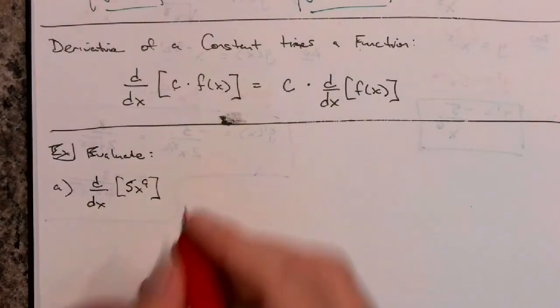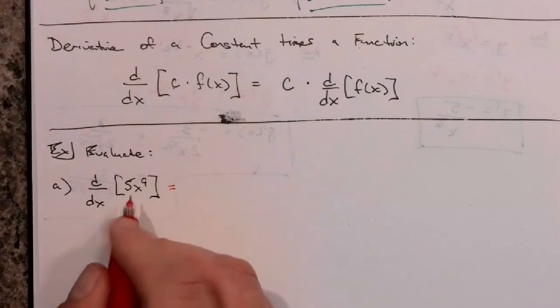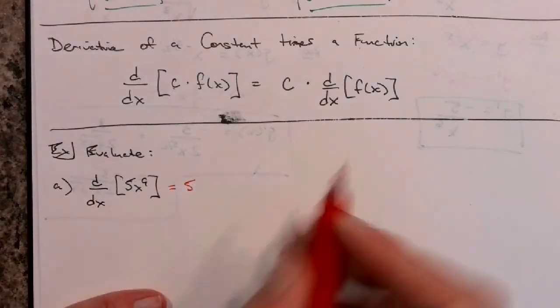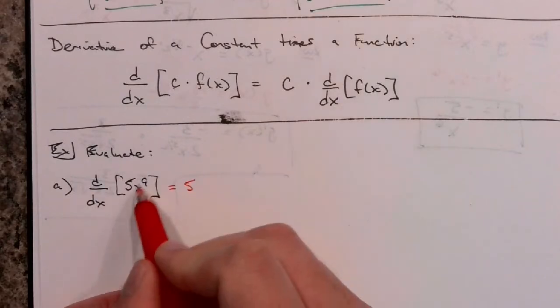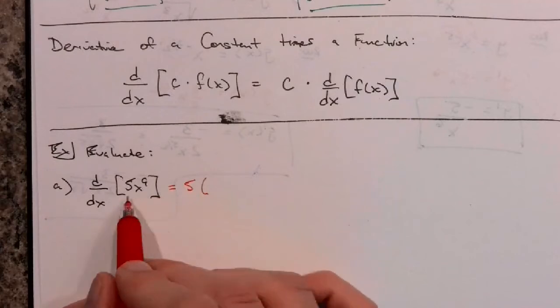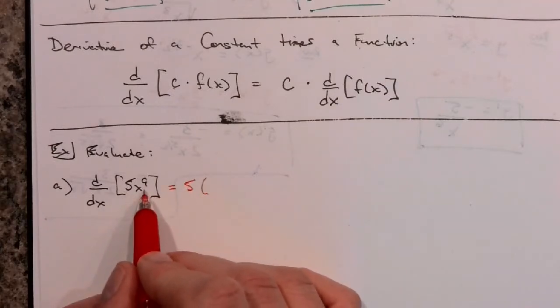What you really do here, the derivative with respect to x of 5x to the 9th. This is a constant in front, so you put 5 in front, and then you multiply by the derivative of the function part, the x to the 9th. So we'll do this right next to each other. I'm not going to write the formal notation. So it's 5, the constant in front, times the derivative of x to the 9th. Well, how do you find that derivative?